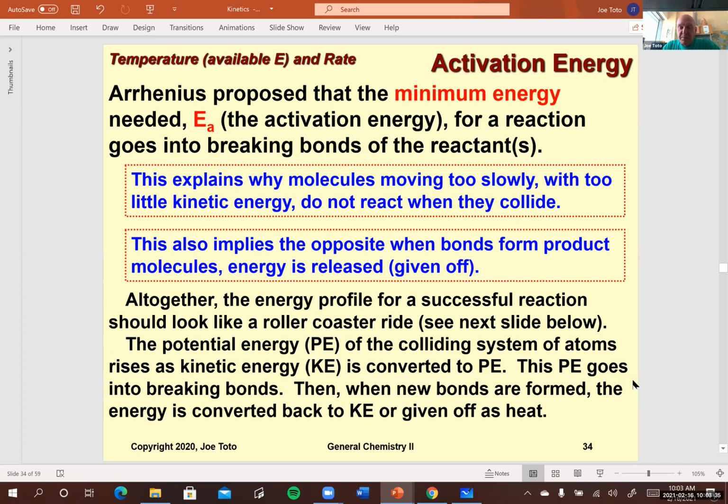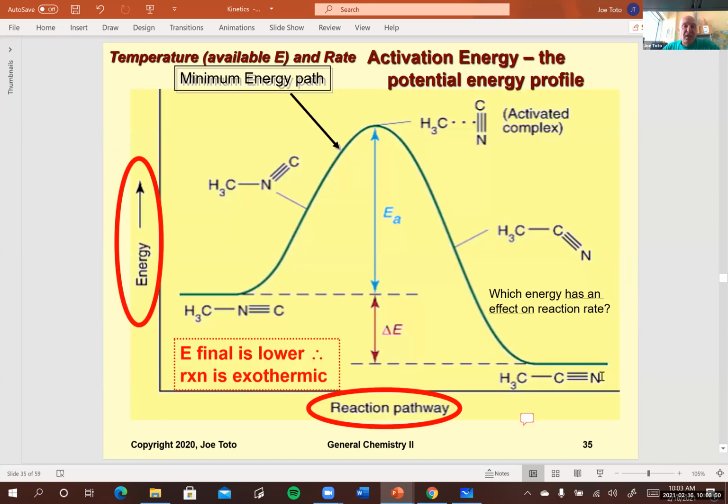And that is the minimum amount of energy needed for a successful reaction. He called that the activation energy. And he put that to a picture in a potential energy surface of how energy changes as reactants come together to form products.